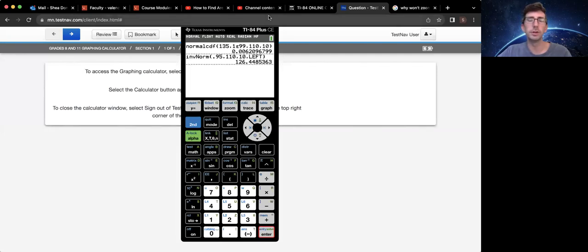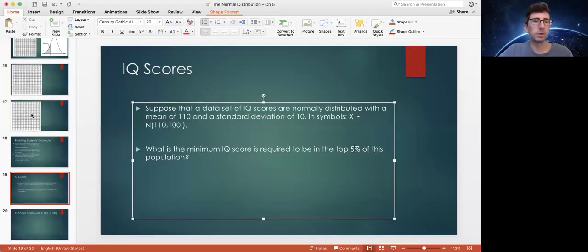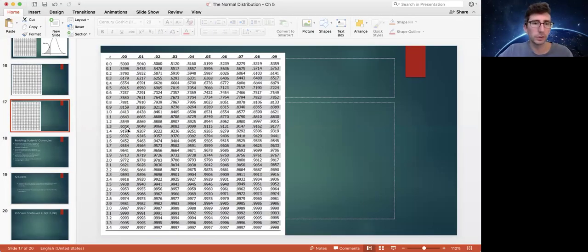This is a lot easier than finding the area under the curve inside of our z table, which is how we had to answer this question last time. We had to find that 0.8997, which was the closest to 0.9 we could get.